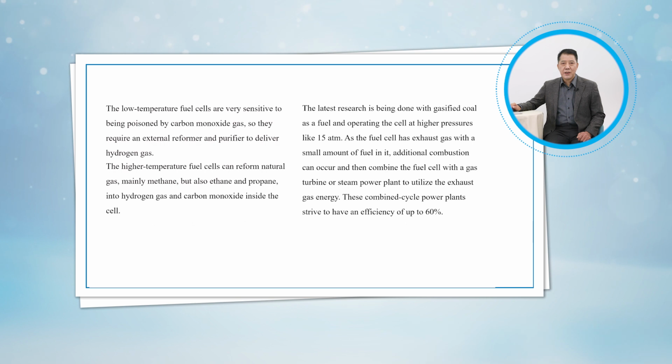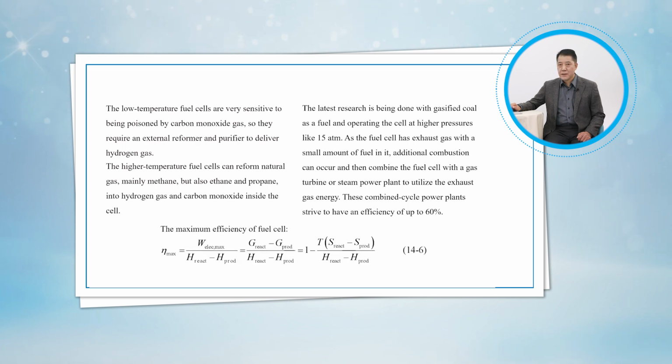Additional combustion can occur and then combine the fuel cell with a gas turbine or steam power plant to utilize the exhaust gas energy. These combined cycle power plants strive to have an efficiency of up to 60%. The maximum efficiency for a fuel cell is given by equation 14.6.